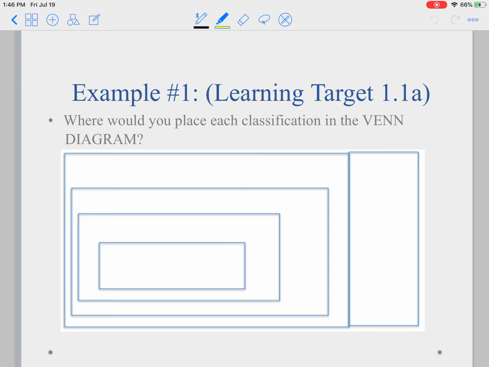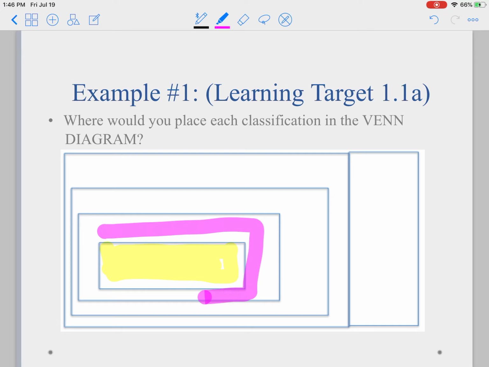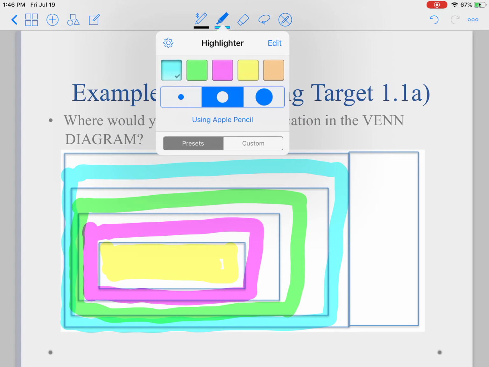And so to give a quick explanation, you would consider the smallest rectangle as one set that you would place a classification that we've previously defined. You would consider this next size rectangle as the next set. You would consider the next rectangle as the next set. And then you would also consider the largest rectangle as the next set.